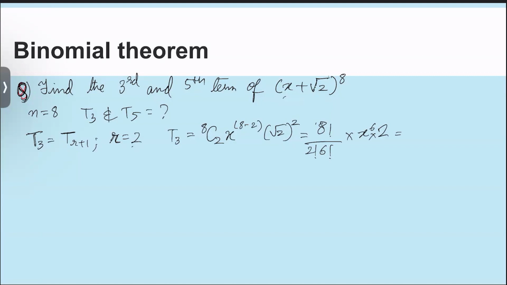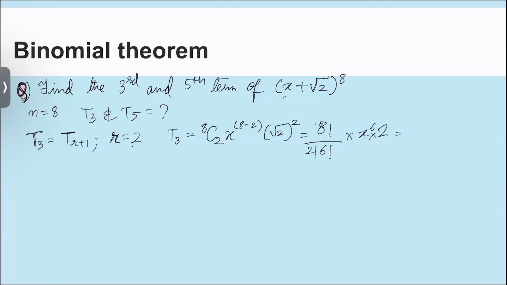If you expand 8 factorial, 8 into 7 into 6 factorial, the 6 factorial cancels, and 2 factorial is 2. So you divide 8 by 2, that is 4. So 4 into 2 into 7, that is 8 into 7, you will get 56 x raised to 6. This is your third term, with R equal to 2.